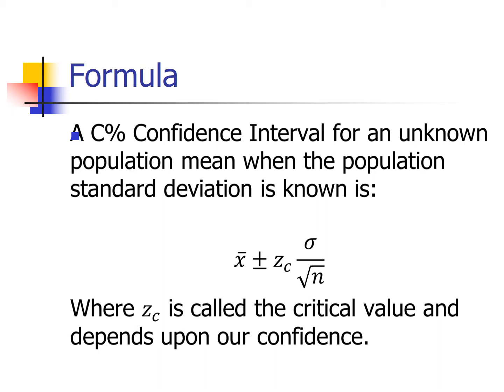It's got that subscript c because it depends upon how confident we want to be. Remember, sigma over the square root of n is just the standard deviation of x bar, isn't it? Thanks, central limit theorem. So we're going a certain number of standard deviations out. How many standard deviations? Well, it's that critical value, z sub c, and as I mentioned, it depends upon how confident we want to be.